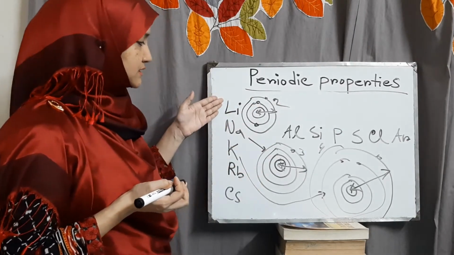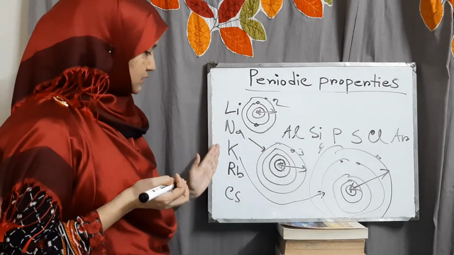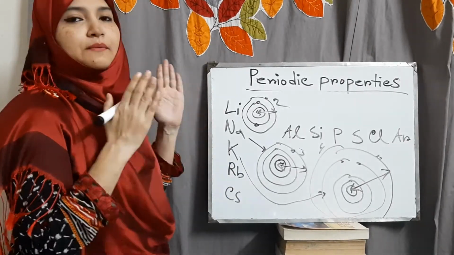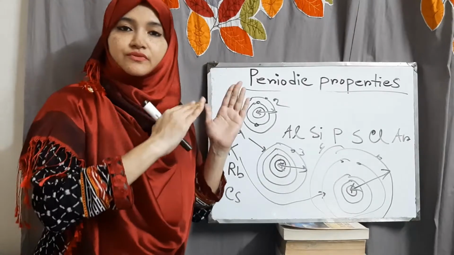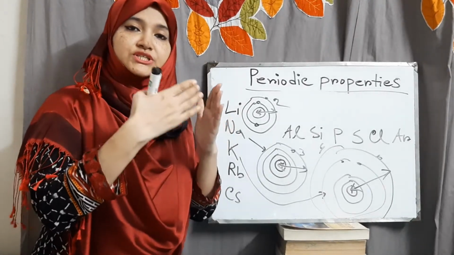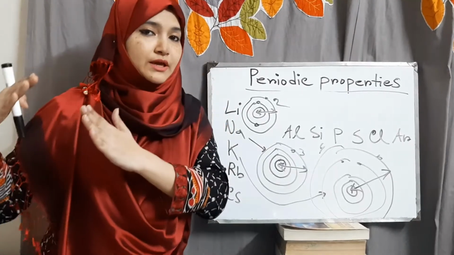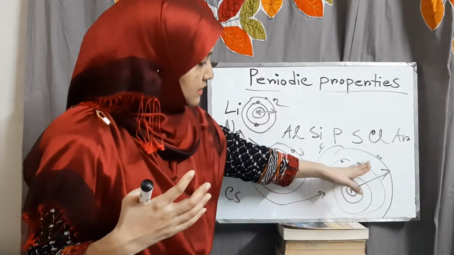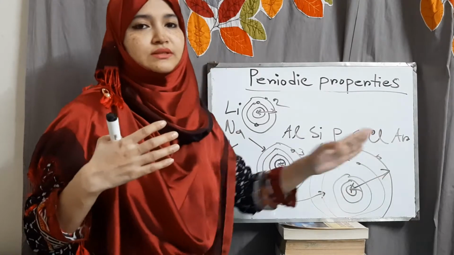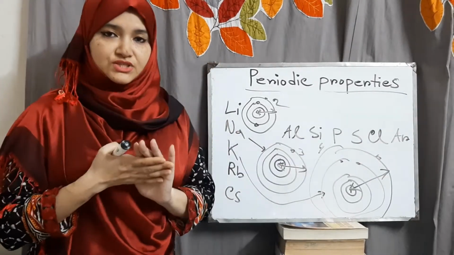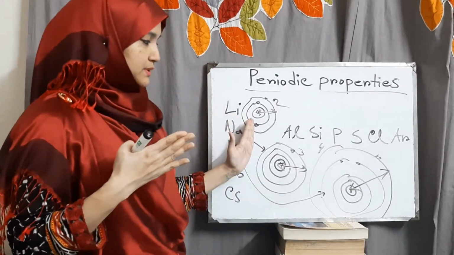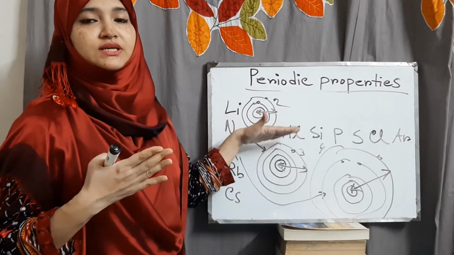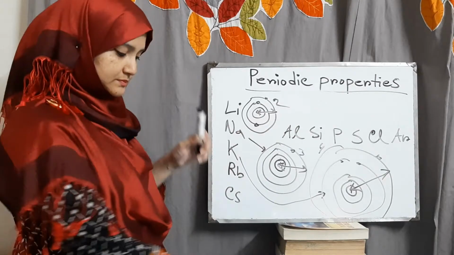The proton number of lithium is 3, sodium 11, potassium 19, but the effect of increasing proton number is outweighed by the increasing shell number. That's why, by increasing shell number, the atomic size increases.